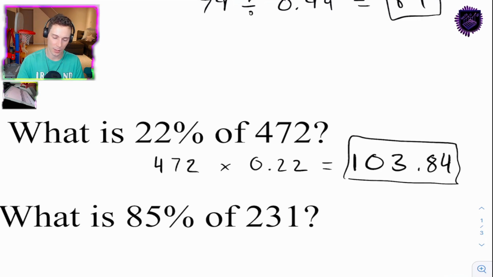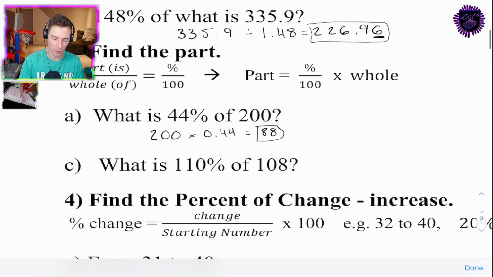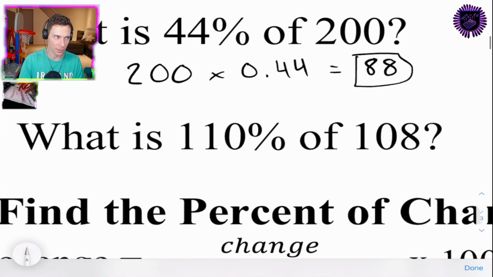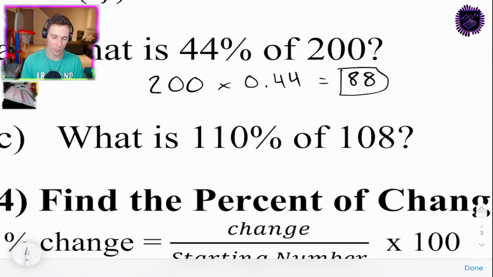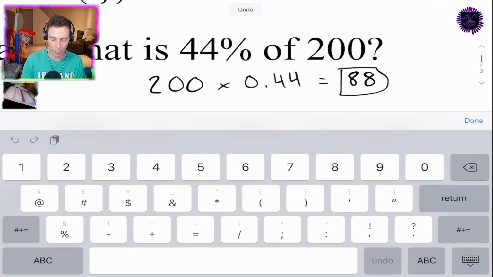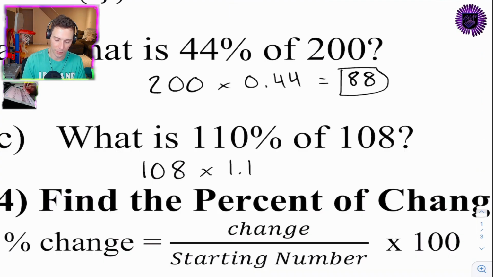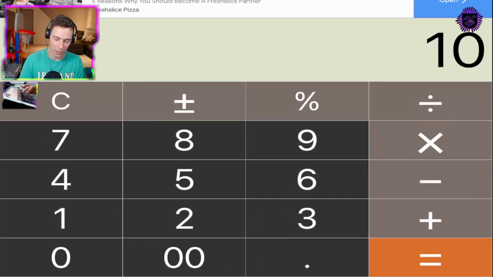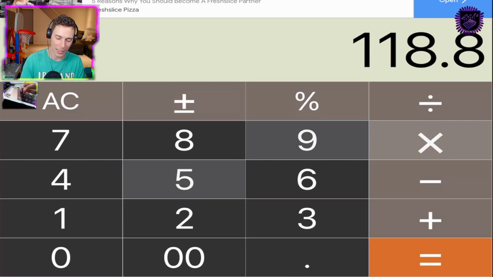All right. So let's look at the next question. What is 110% of 108? So 108 times 1.1. Now, this number is going to be larger. 108 multiplied by 1.1 is equal to 118.8.